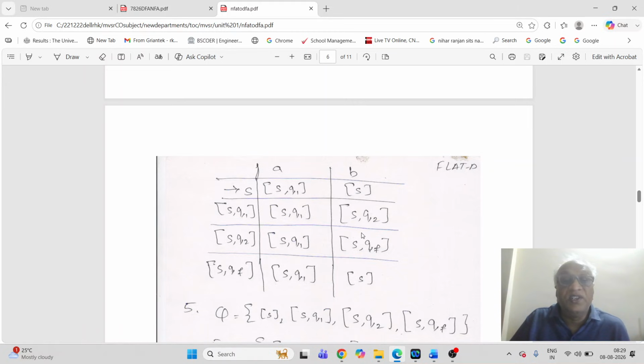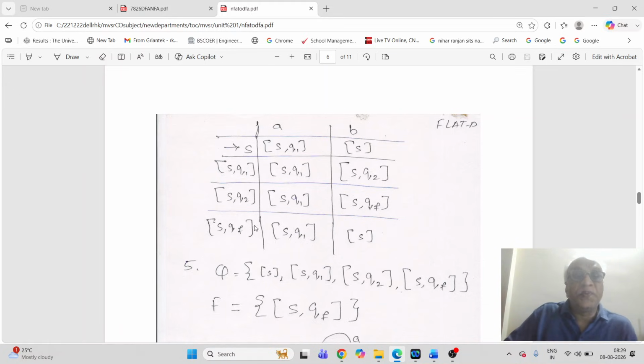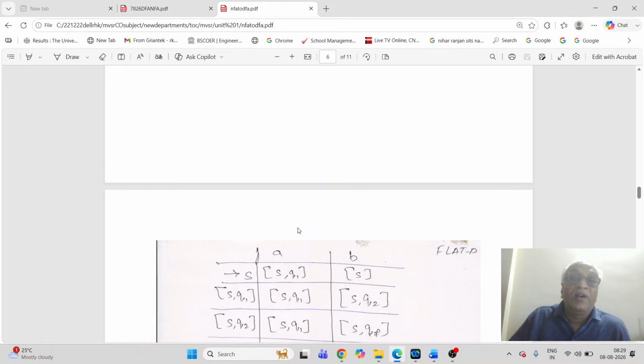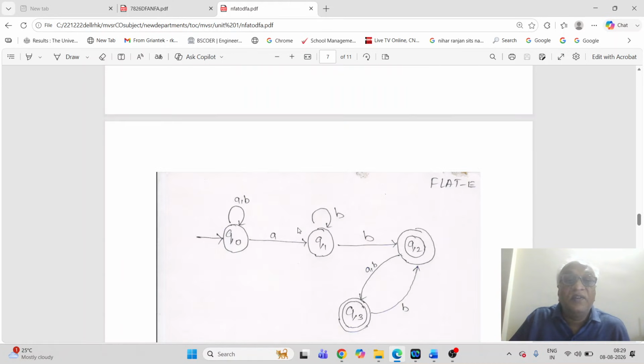So that's why this is our transition table. Now you can represent this in the form of a tuple also. What is the value of Q here? S, S comma Q1, S comma Q2, S comma QF, like that. What is the value of sigma? A comma B. So this is how you are going to convert your NFA to DFA.